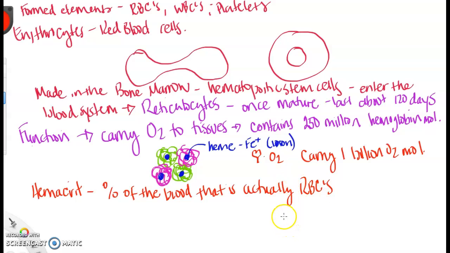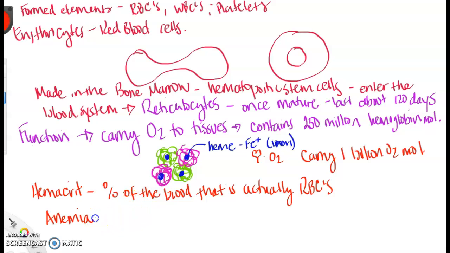That is the hematocrit. So we can kind of tell if somebody's a little anemic, because if they don't have a whole lot of red blood cells, they're not going to have a whole lot of oxygen being carried, right?